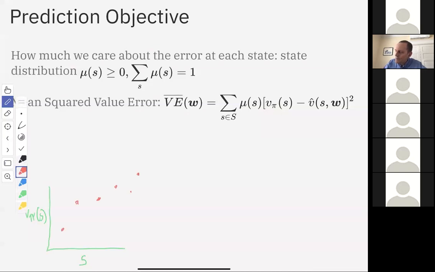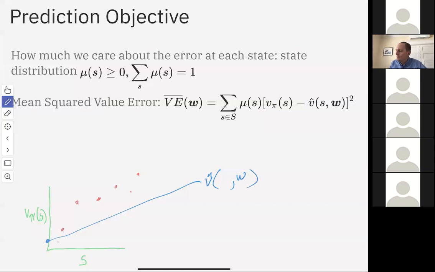If our v hat were a linear function, so let's say this is v hat, it's really v hat with a particular set of weights. So it's a particular intercept and a particular slope.